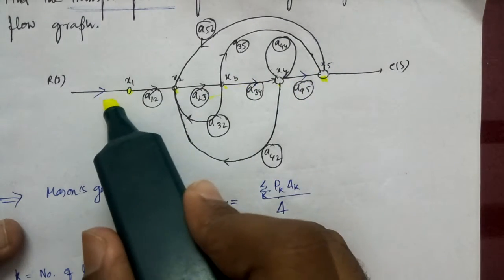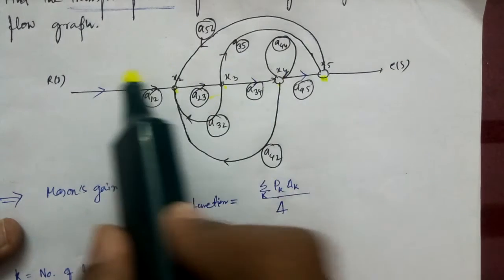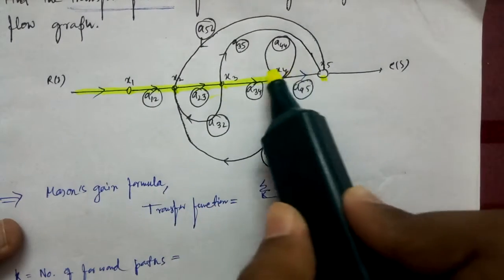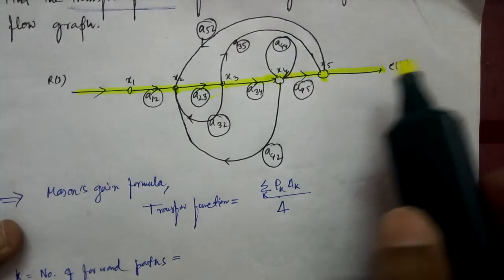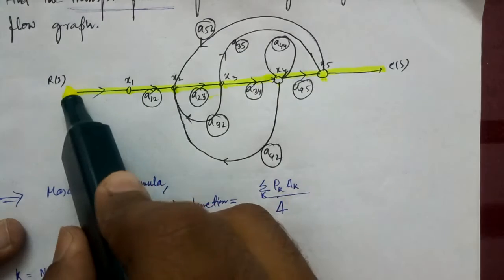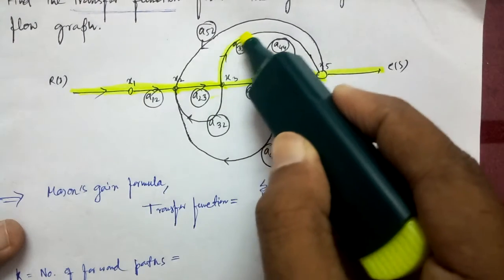Here a forward path is a path from input to output, meaning from this path we can reach the output from the input. So this is a forward path. Now we can see another forward path from here.